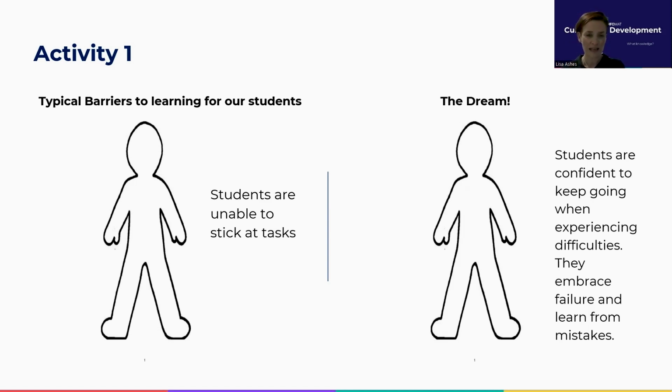So if students are unable to stick at tasks, what we want are students who are confident to keep going when they experience these failures and these difficulties, so they learn from each of their mistakes. So for every negative you have on your first gingerbread man, I want you to consider what a perfect world would look like. Pause the recording and do this second half now.